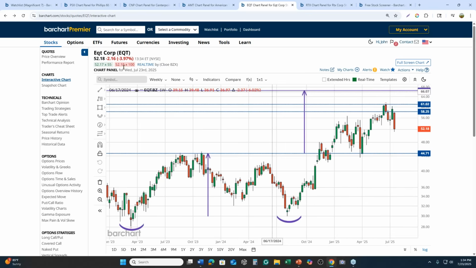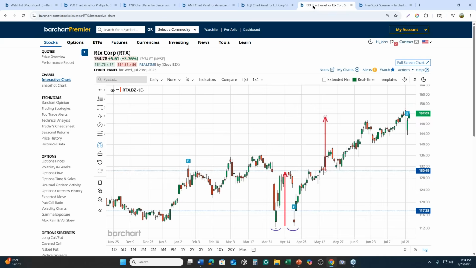All right, let me show you one more before we move on. Why I have it right teed up here. Okay, this one is Raytheon. And again, here's our double bottom here. And notice that our second bottom revolves around a corporate event, in this case, earnings.